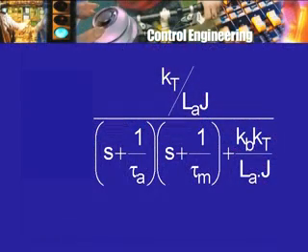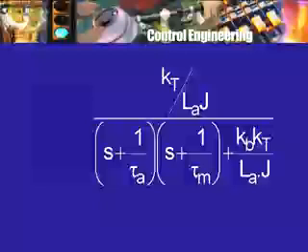So if I do that, then I will rewrite this once again as, now what I will do is I will divide by that La j. So I will write down Kt divided by La j in the numerator, in the denominator s plus 1 by tau A into s plus 1 by tau m plus Kb into Kt divided by La into j.